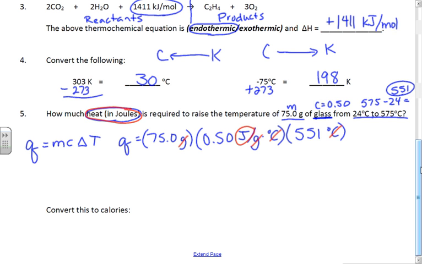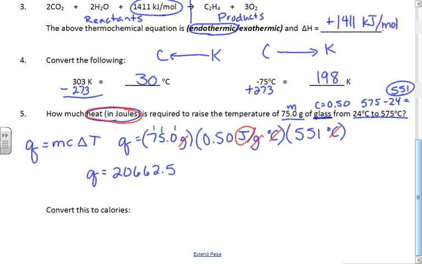And when you type all that into your calculator, we get a value of Q as 20662.5. And we don't actually want all of those numbers. We have to look at the other numbers in the problem and figure out how many significant digits we actually need. And so whenever we look at the 75.0, the 7 and the 5 are definitely significant. The 0 at the end is significant because we have a decimal in the number.